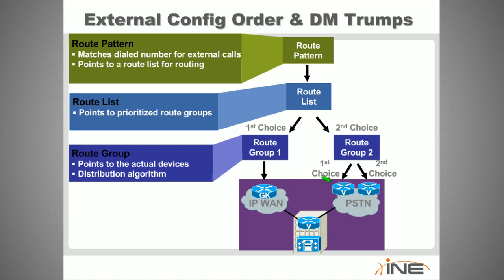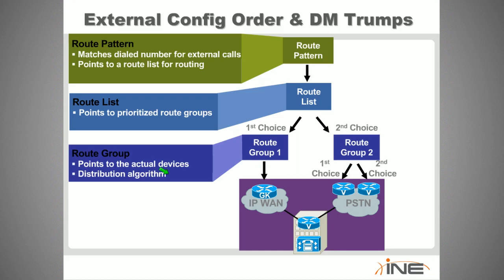A better idea is to create 3 intercluster trunks, each with only 1 IP address: subscriber 1, a second intercluster trunk, same cluster but subscriber 2, and then the next intercluster trunk, same cluster B but subscriber number 3, and put them as 3 separate trunks in a single route group, and choose the distribution algorithm of circular.